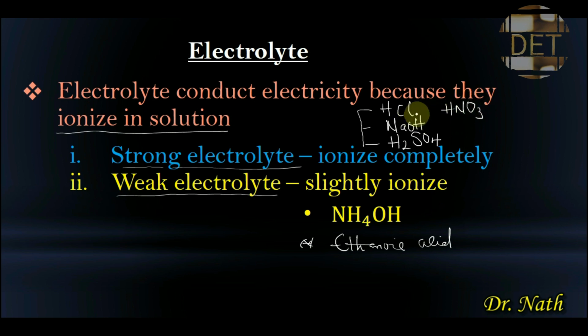So the strong electrolytes are many: hydrochloric acid, sodium hydroxide, tetraoxosulfate(VI) acid, trioxonitrate(V) acid, and the rest. The weak electrolytes are basically ammonium hydroxide and ethanoic acid, and we have many others as well.